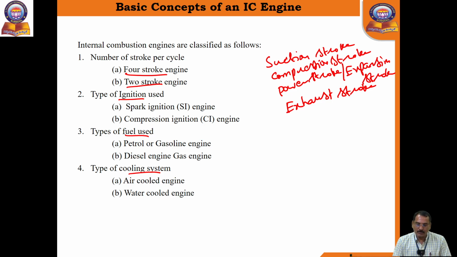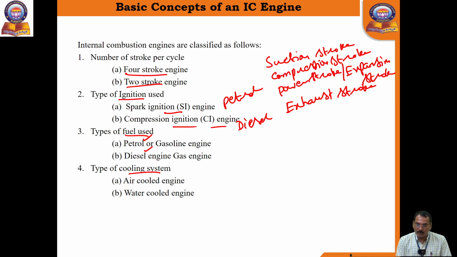Then coming to ignition system, that is spark ignition engine, also known as a petrol engine. Compression ignition engine is also known as a diesel engine. Type of fuel used: if we use petrol, that is nothing but a petrol engine. If we use diesel, that is nothing but a diesel engine.